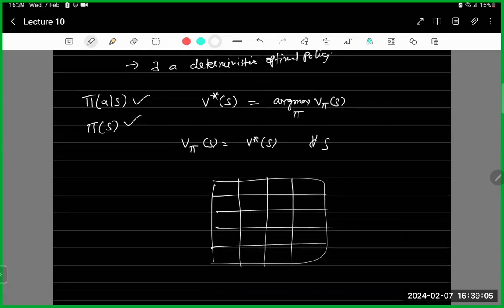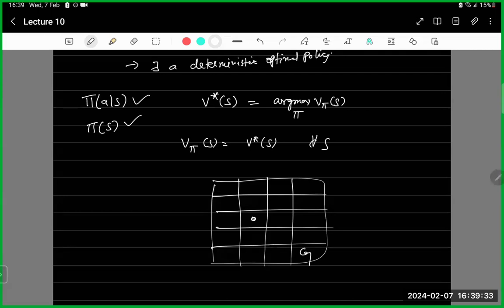So let's say there is a grid like this, and our aim is to reach a particular goal state. There is some agent which is put in one of these cells, and it has to reach this goal in the shortest possible path. Let's say the only actions allowed are left, right, up, down in a given cell.